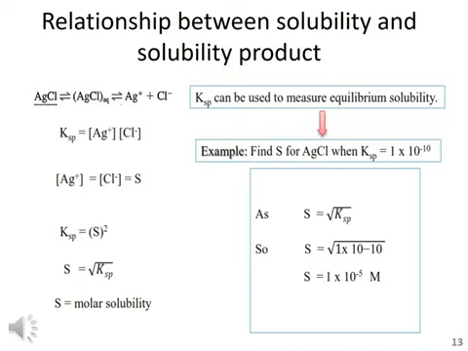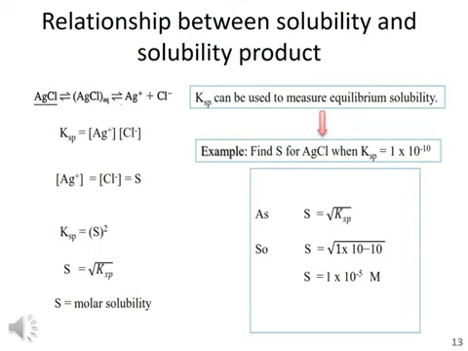When you want to calculate the solubility product, Ksp is equal to the silver ion concentration times the chloride ion concentration. At equilibrium, because it is univalent, it has equal concentrations of silver and chloride.